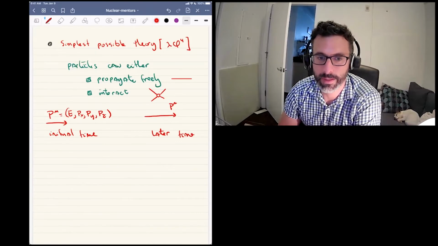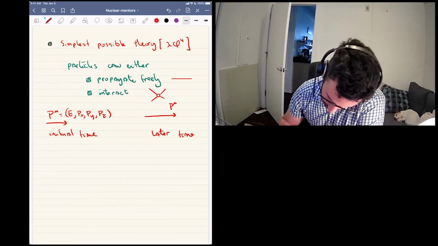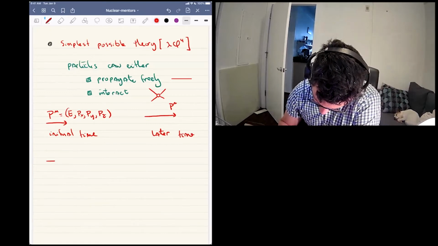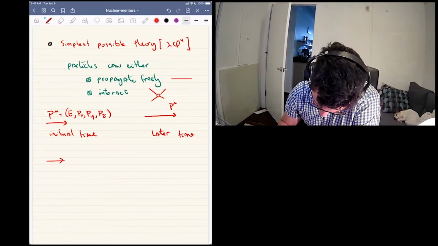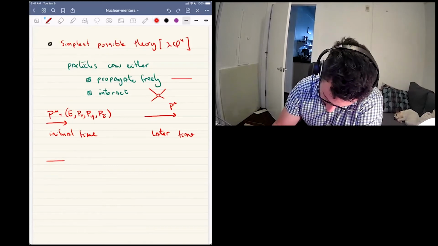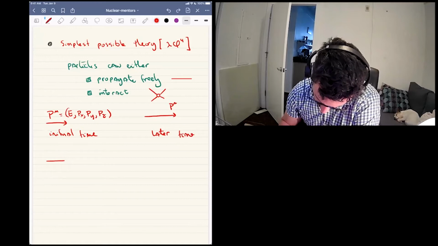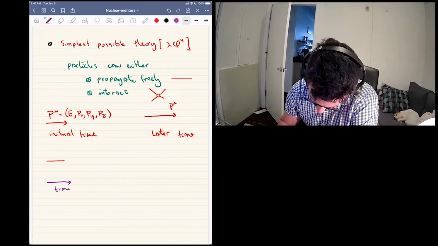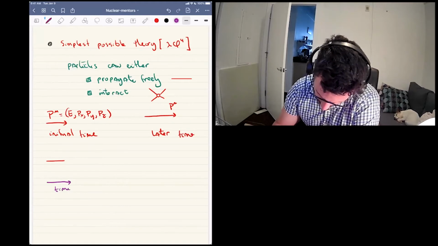Life starts to get more interesting when I have two particles coming together. The time I'm going to draw going towards the right, and I'm not going to put any arrows on the lines.